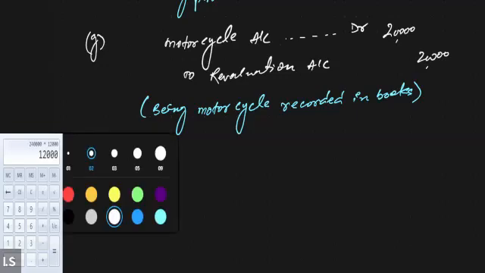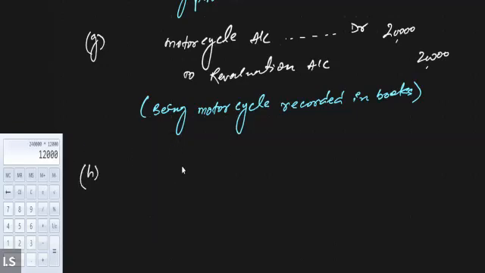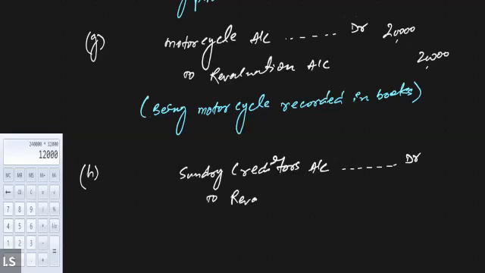So we'll write down sundry creditors account debit to revaluation account, 10,000.